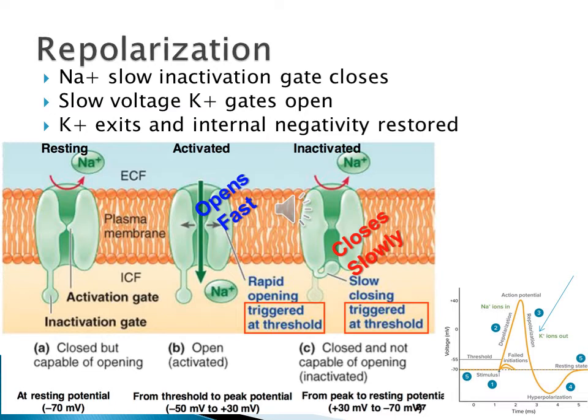Potassium exits, and internal negativity is restored. Remember, we overshoot a little bit, so what's going on? We go from +30, we want to land at -70, but something's happening, right? We've got an inactivation gate that stops more immediately with sodium, while the actual activation gate closes slowly.